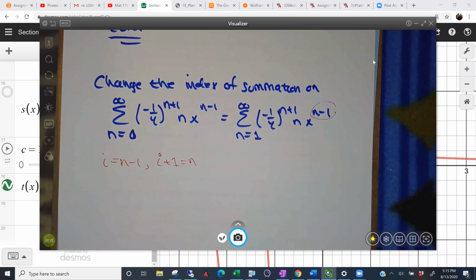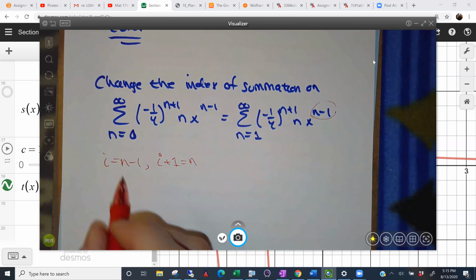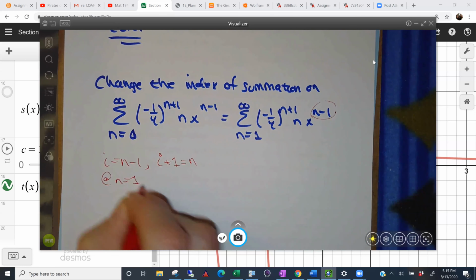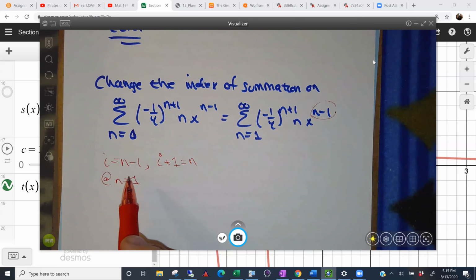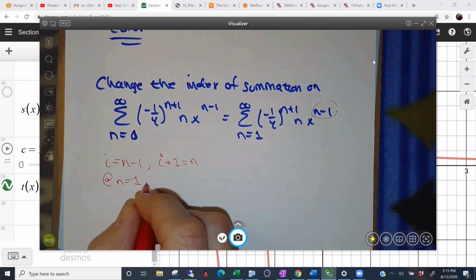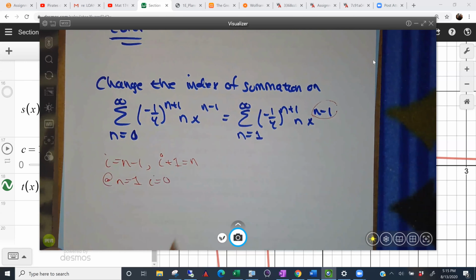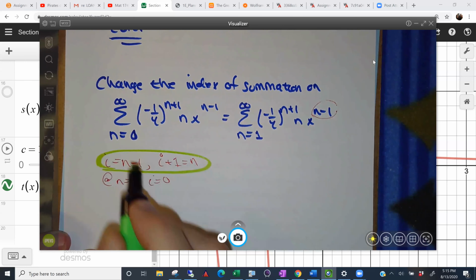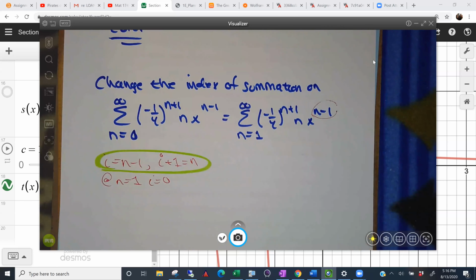Nice. And that when n equals 1, at n equals 1, what do we get? At n equals 1, I equals 0. With this substitution right here, I can rewrite this series equivalently, but starting at a summation of I equals 0 as opposed to n equal 1.